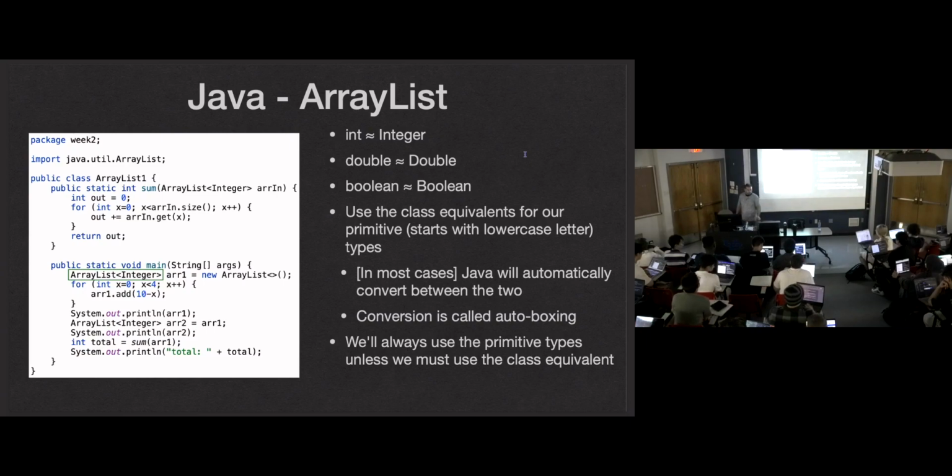So every class that we create or Java uses starts with a capital letter. I believe you can create classes that start with lowercase letters, but you should not, if that even is allowed. I forget if it's allowed or not, but you should not, just because of the naming convention.